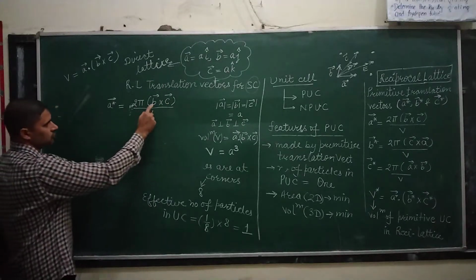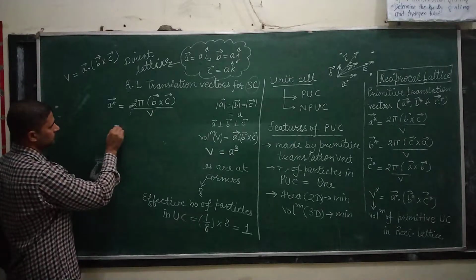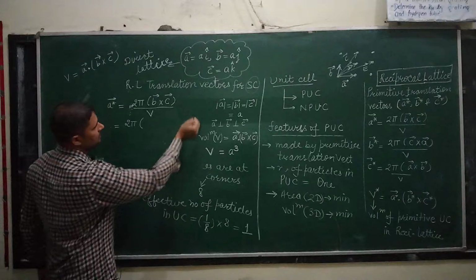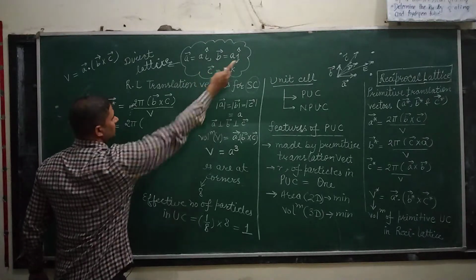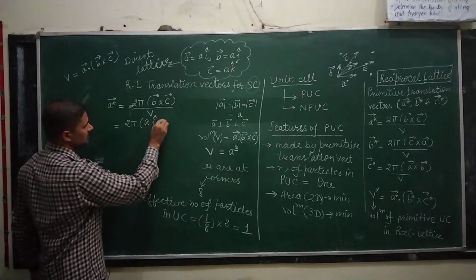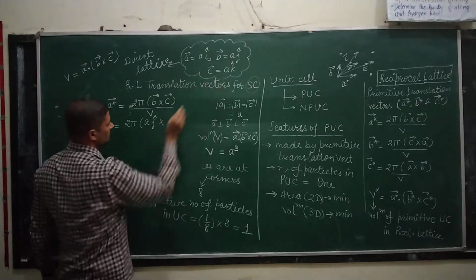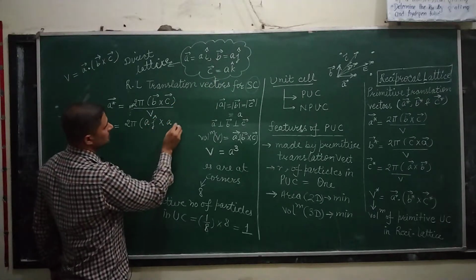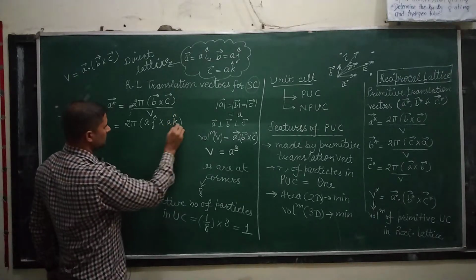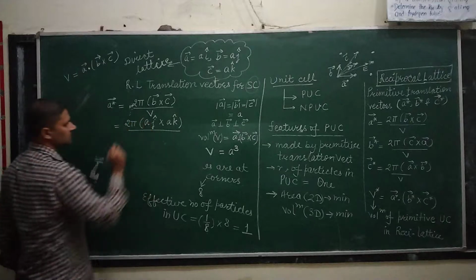If you put the value of B and C here, then you will get 2 pi, then vector B is A into j, cross vector C, which is A into unit vector k, divided by V.